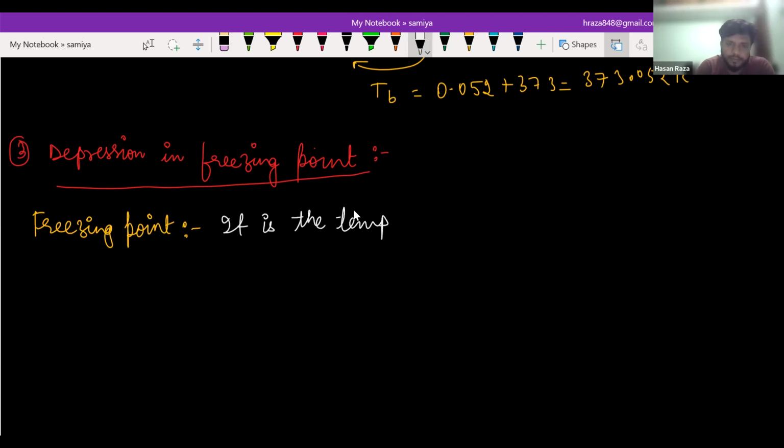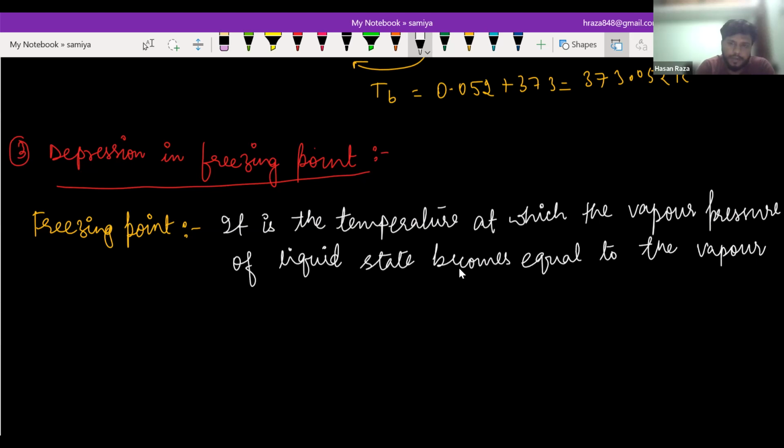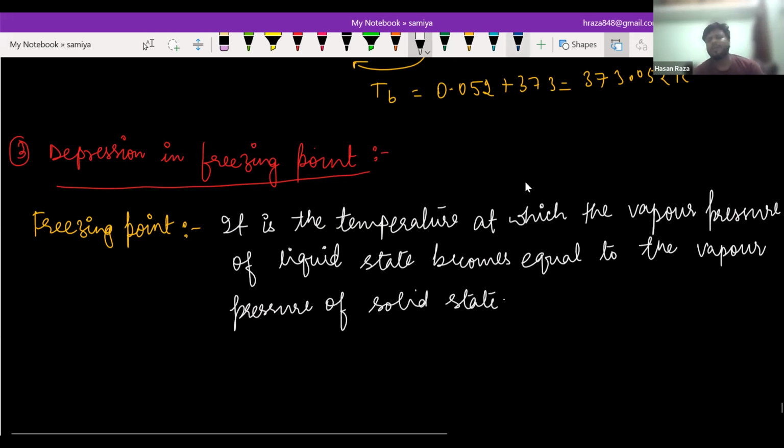It is the temperature at which the vapor pressure of liquid state becomes equal to the vapor pressure of solid state.